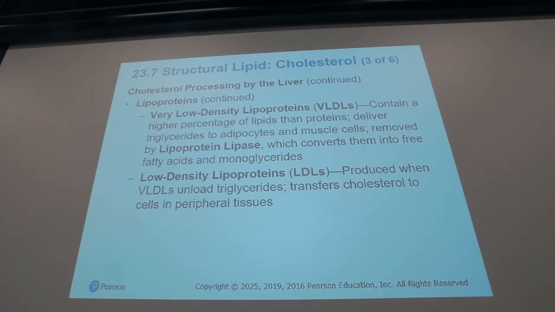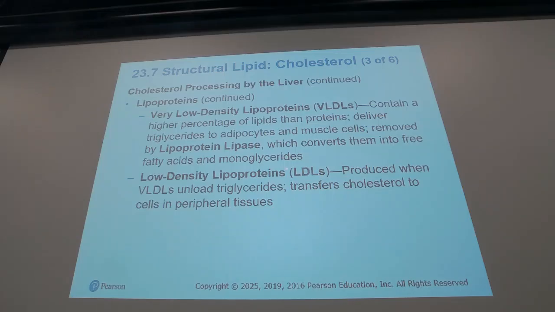And we have different lipoproteins. We have very low density lipoproteins that has high percentage of lipids than proteins. And these ones tend to, together with the LDL, tend to clog up our arteries. So LDL is not good.